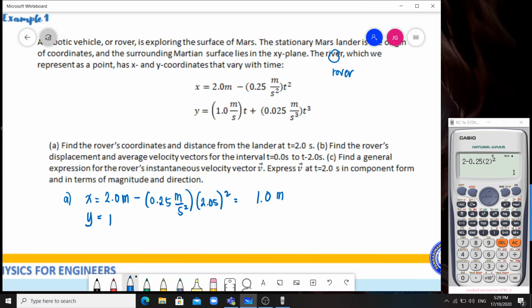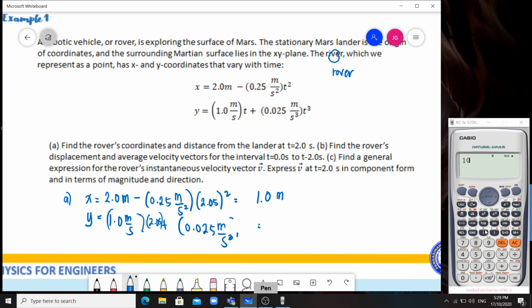So let us get the y coordinate. Meter per second cubed times t cubed. So let us get it. 1 times, oops, let us replace t, I forgot. Let us replace t as 2 seconds.